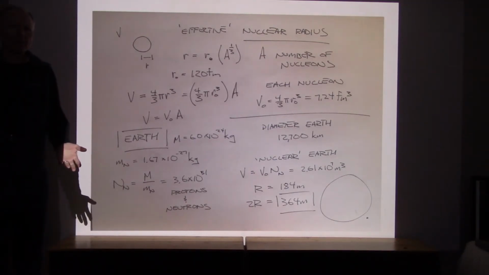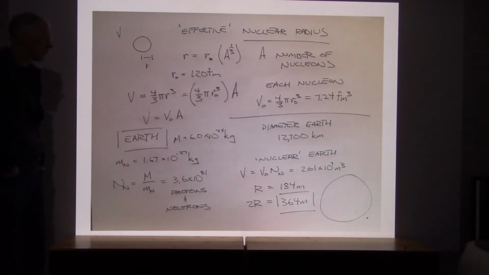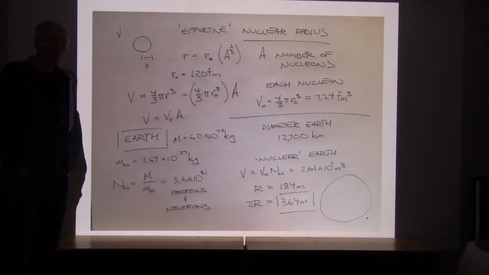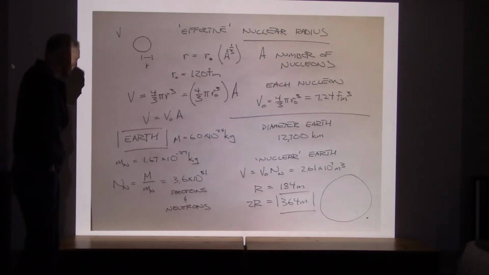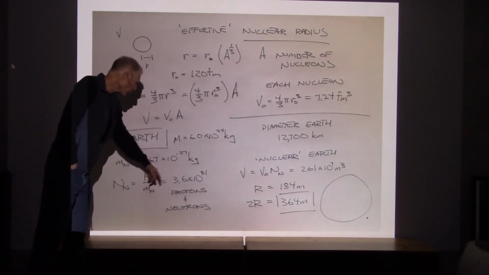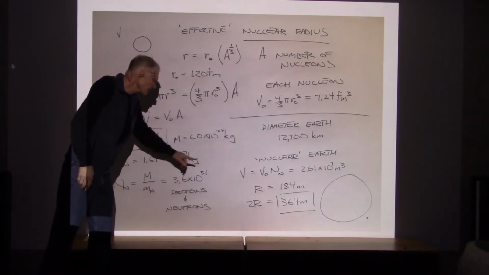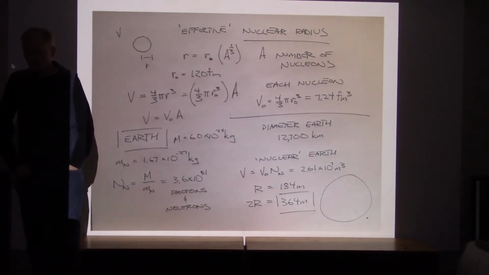Don't we have to include the electrons in this calculation? We really don't. The electrons make up less than 0.1% of the mass of materials around us. And so the electrons can pretty much just get ignored in estimating these numbers. And we can say that the number of protons and neutrons in planet Earth is 3.6 times 10 to the 51.